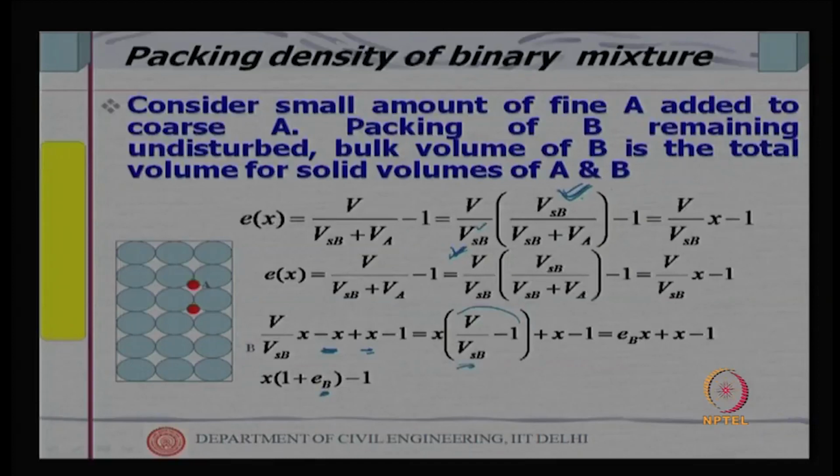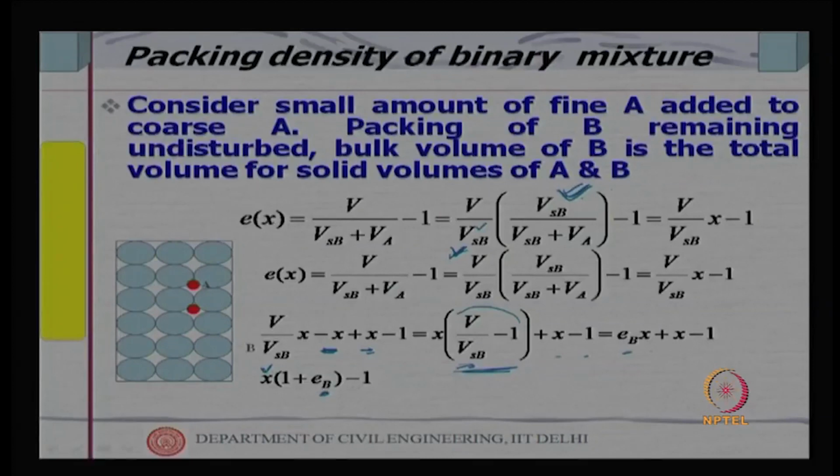I wanted to get the void ratio of B alone, and for that I must subtract x out of this. So if I take x common, I get this, and this is x minus 1. So what I get is EB x plus x minus 1, or I can write that as x into 1 plus EB minus 1, which is again linearly related to x.